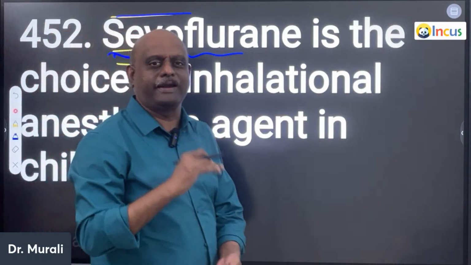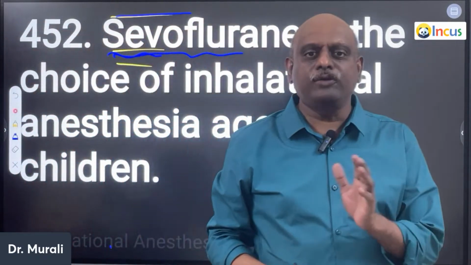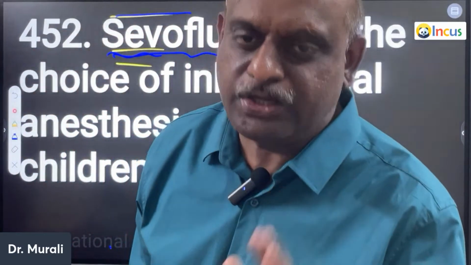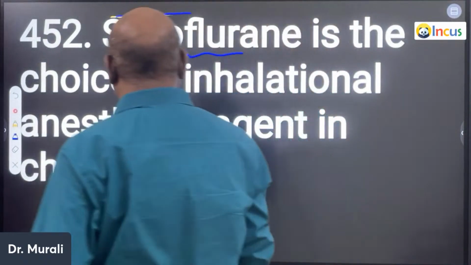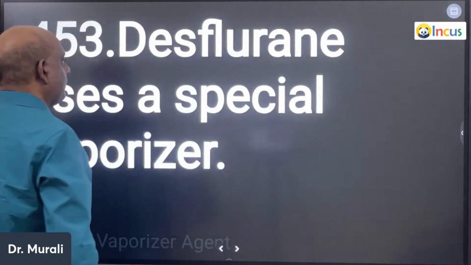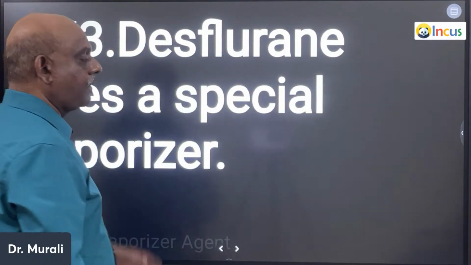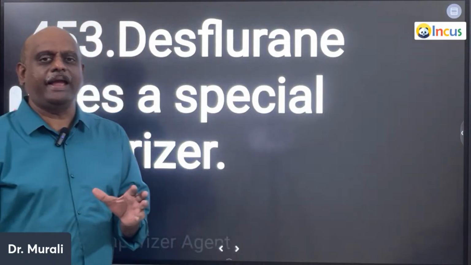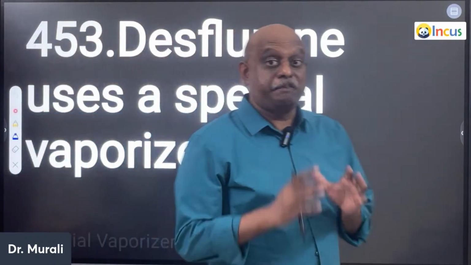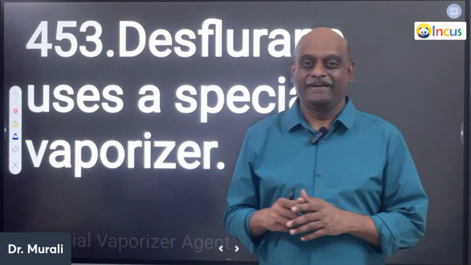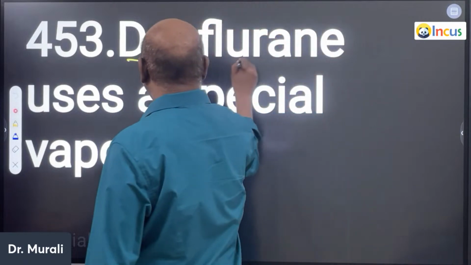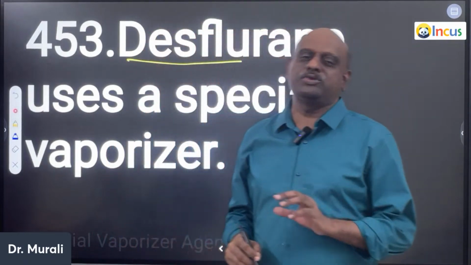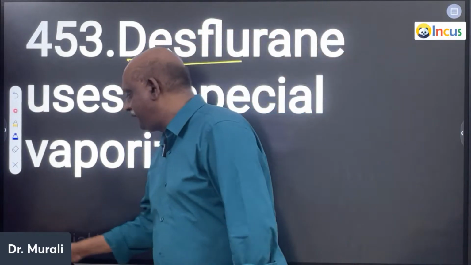Tissue means small kidney. So sevoflurane is the inhalational agent of choice is what you have to remember. Now, which inhalational agent uses a special vaporizer? So it is the desflurane. Desflurane which uses the special vaporizer.